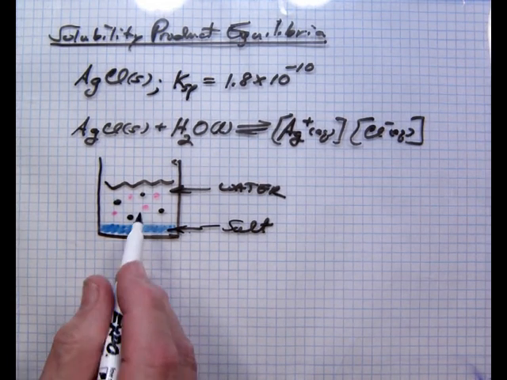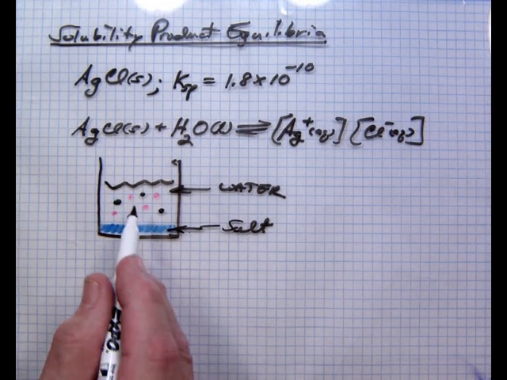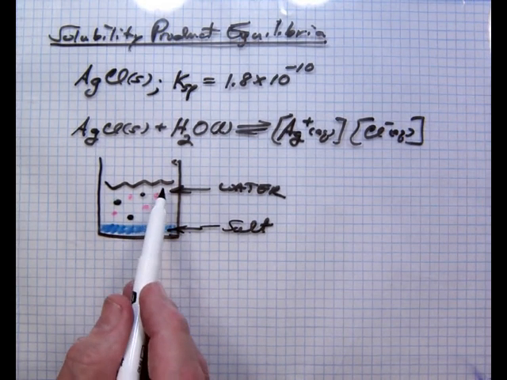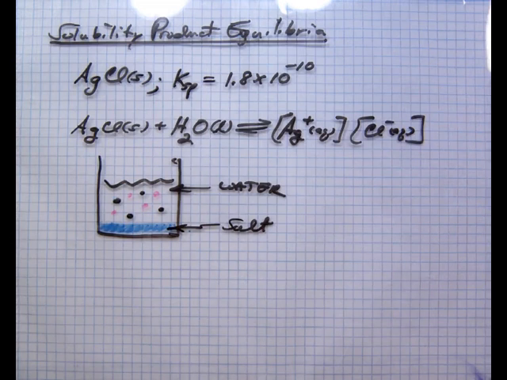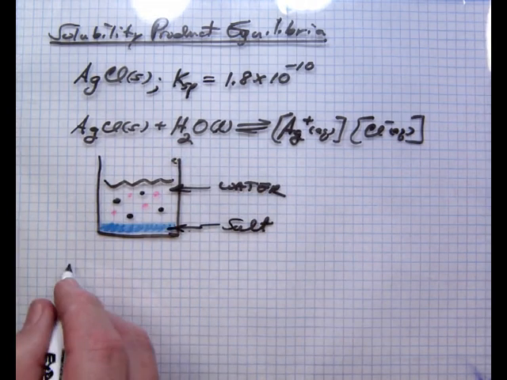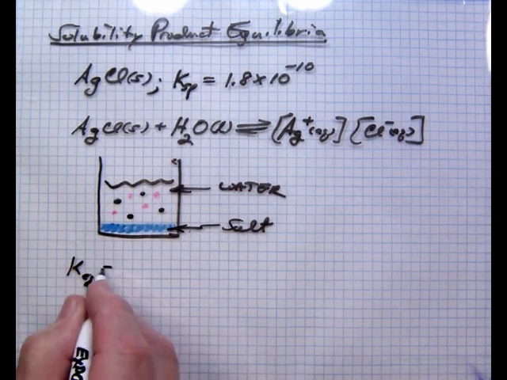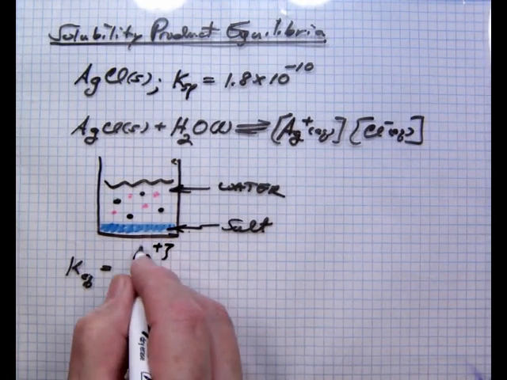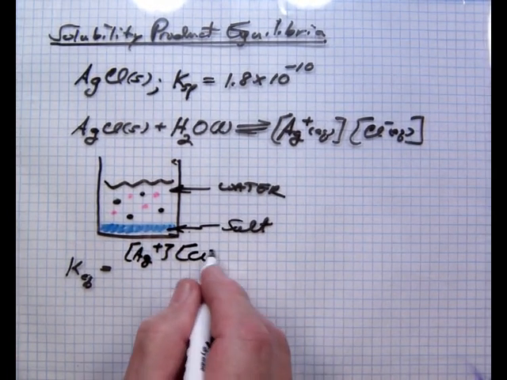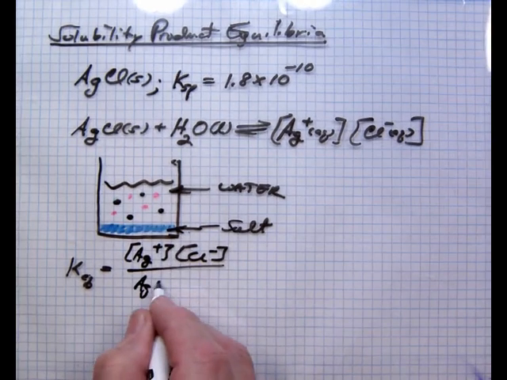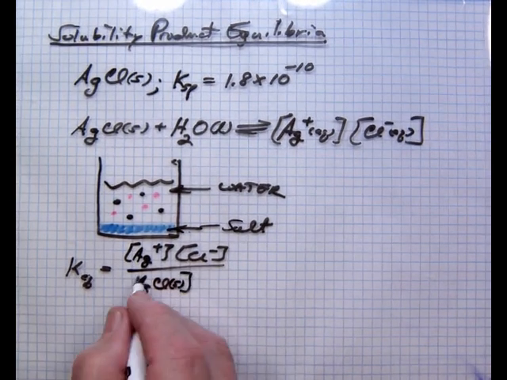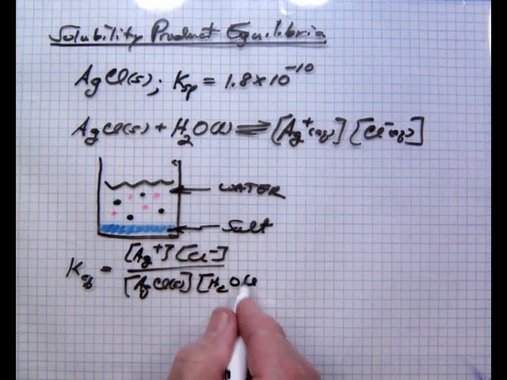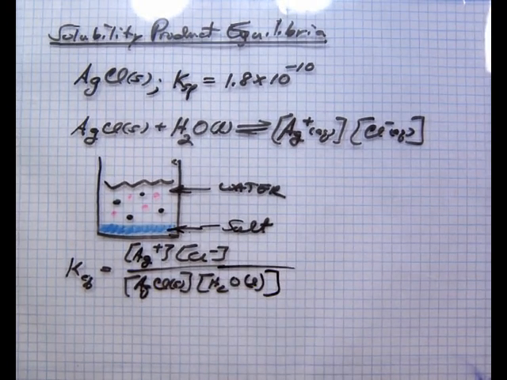It's almost as if the solid didn't change in the amount that you send into solution. The water out here is infinitely larger than the amount of ions present. So in this equation, if we wrote the Keq expression including everything, it would be silver ions, I'm going to leave all the notations out for a second, and there's your solid, I put that in, and H2O as a liquid, like that.